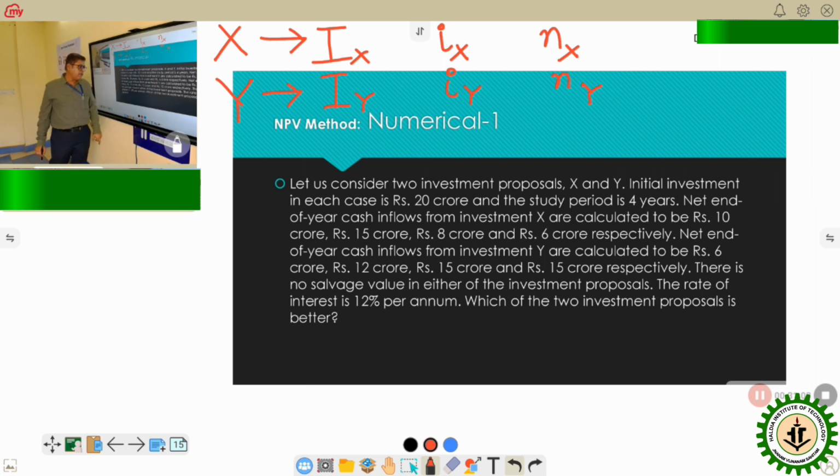As per the given information, the rate of interest should be taken as 12% per annum. That means this is same. That means all three are same. At least two have to be same, but if all are same, then also we can go for the NPV procedure.